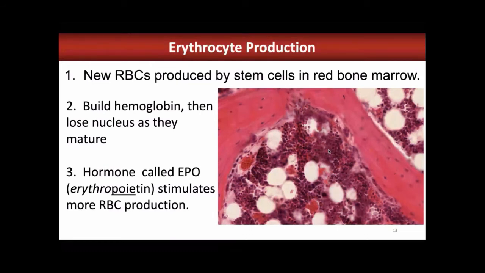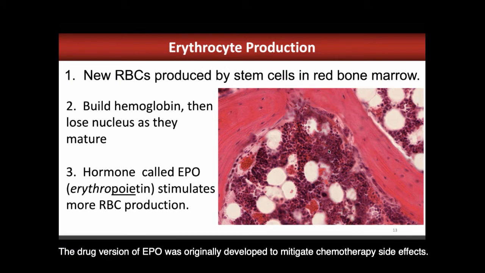So you're at much higher risk for clotting in places where you don't want to have clots. It was originally developed for folks who are having chemotherapy because chemotherapy targets fast dividing cells.